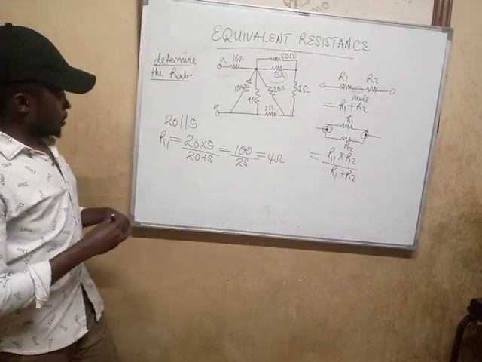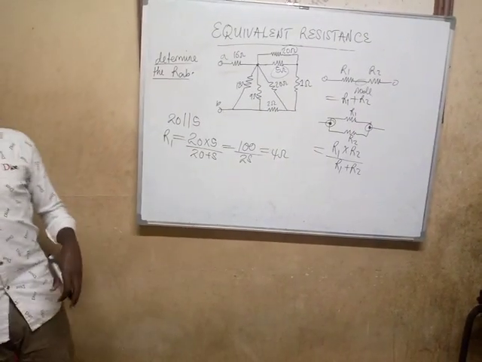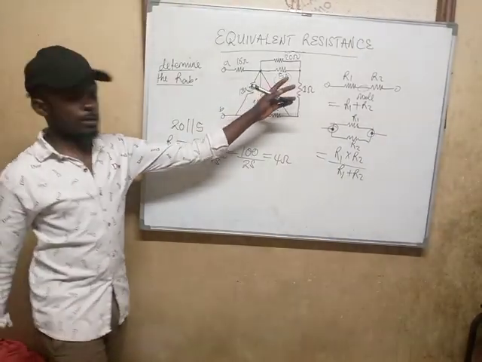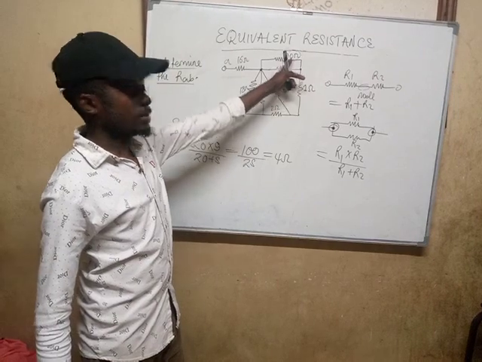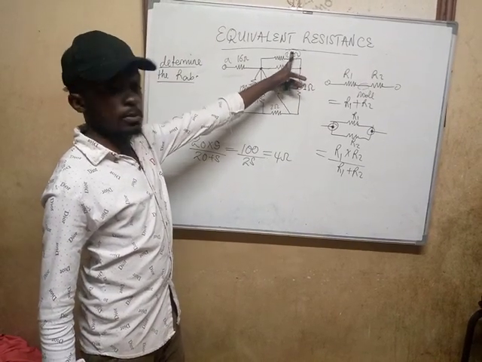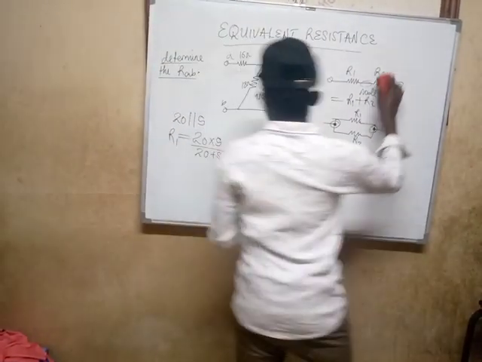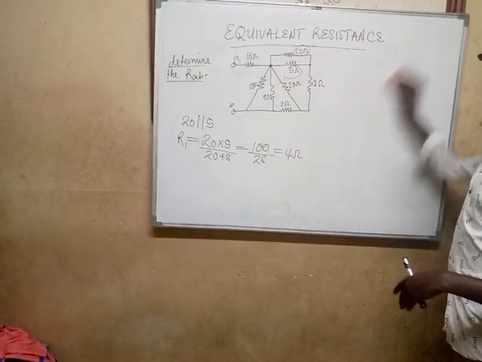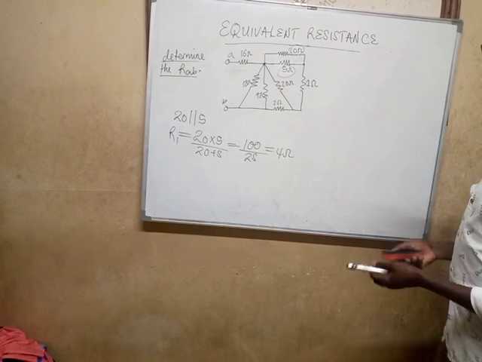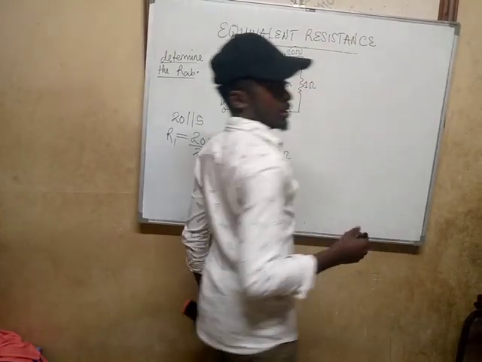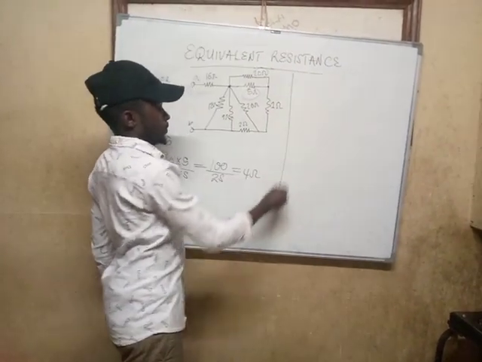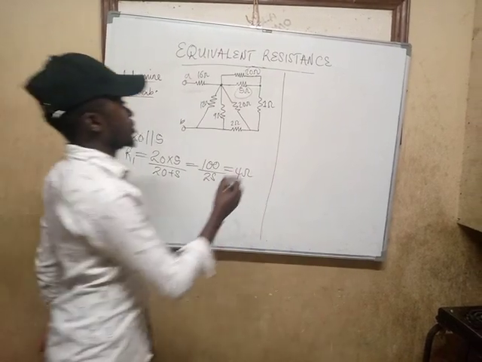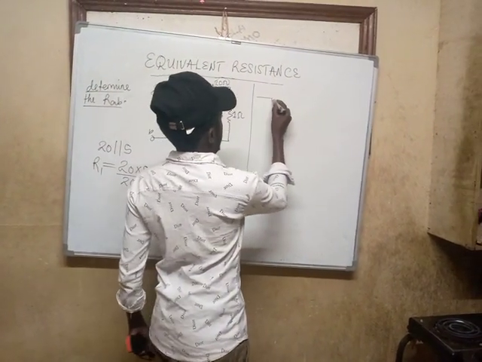So we can redraw the circuit now that we have a single resistor here. The 5 ohm resistor and the 20 ohm resistor are combined. Let us redraw the circuit. Redrawing the circuit, what do we get? We get a circuit which is going to look like this.